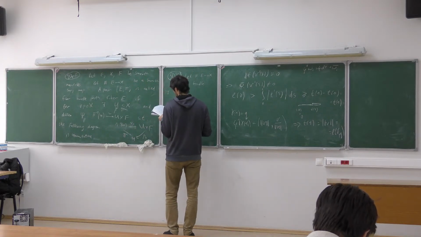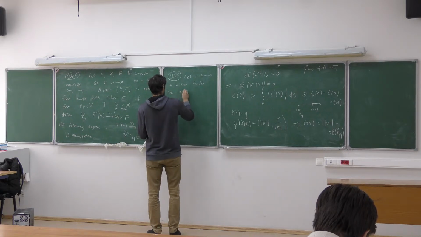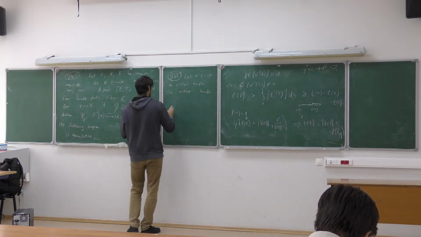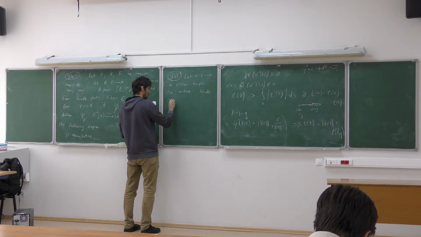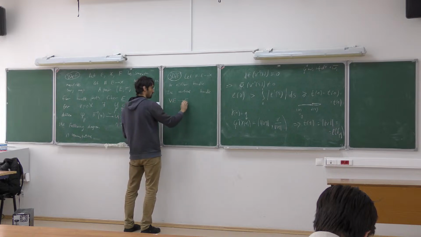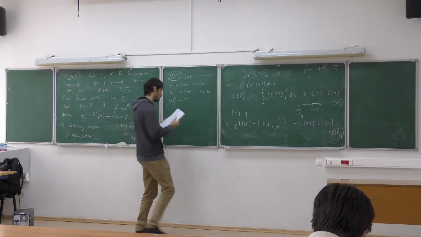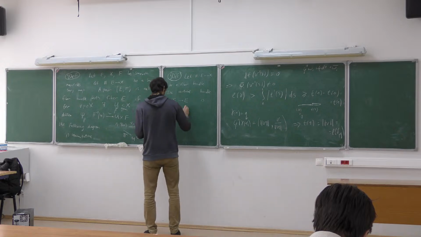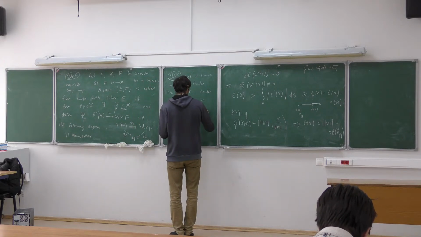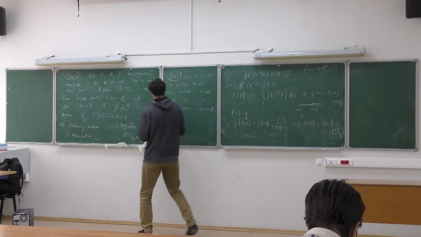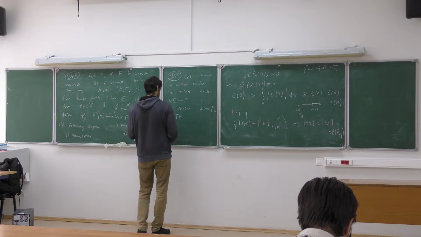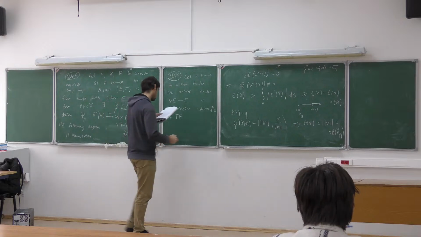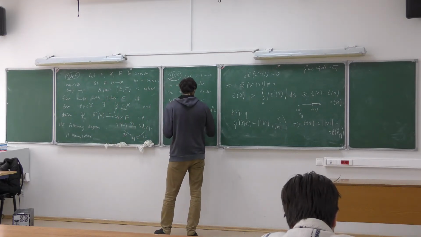The vertical bundle is actually a vector bundle over E. It is a vector subbundle of TE, the tangent bundle of E, defined by the following.